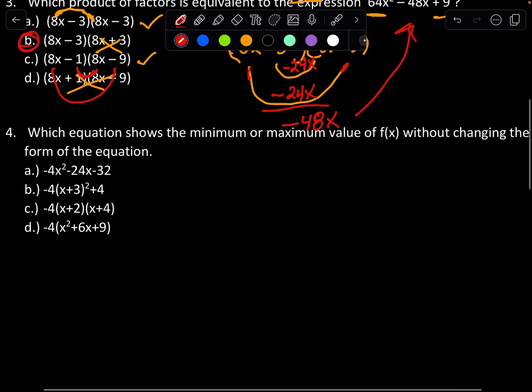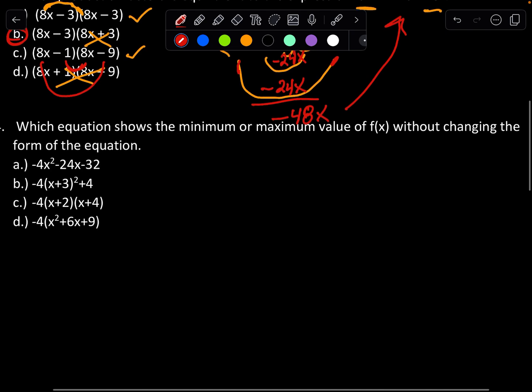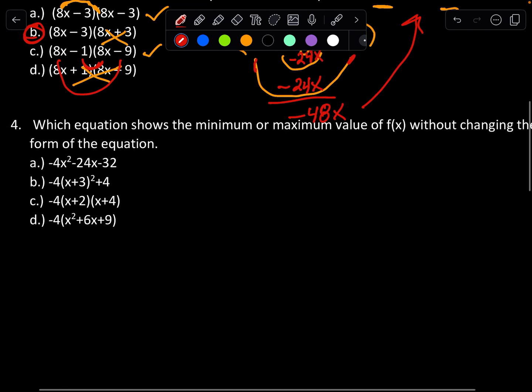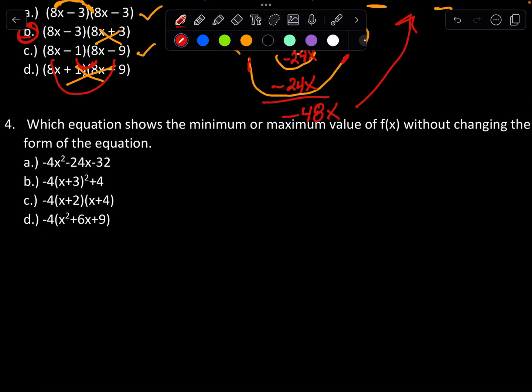Which equation shows the minimum or maximum value of f of x without changing the form of the equation? Well, this is actually quite simple. All of these equations look like they are the exact same quadratic equation, just in different forms. Think of the minimum or the maximum of a quadratic. All of these are quadratics because they have the x squared. This one doesn't have the x squared, but it has an x times x, which would give us x squared right there.